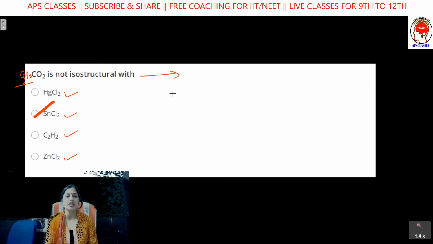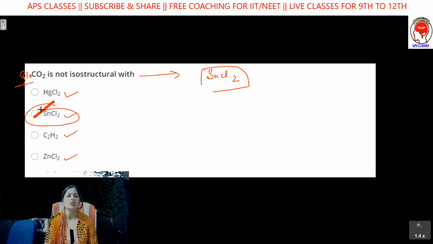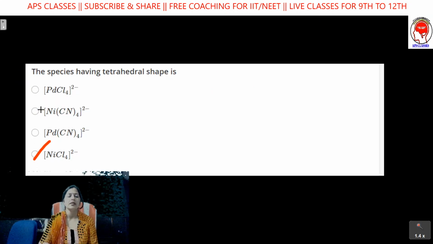So carbon dioxide is not isostructural with SnCl2. So option B is the right answer for the question number 10.